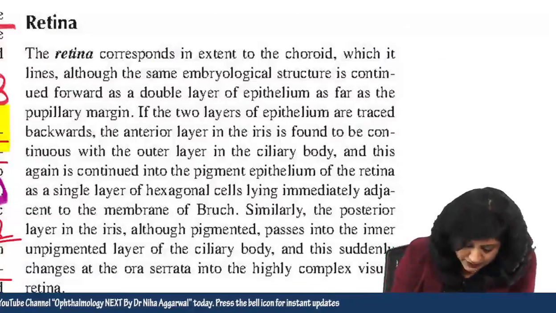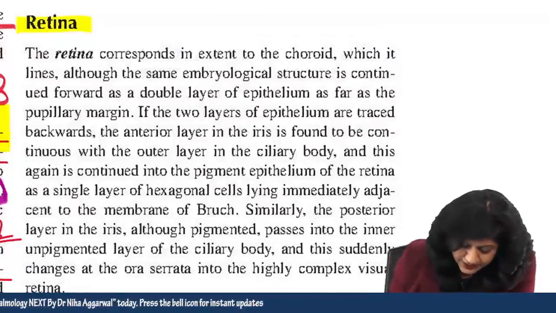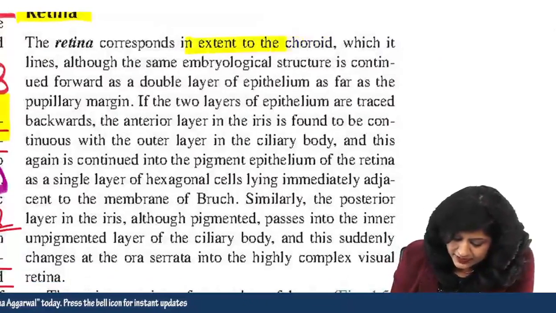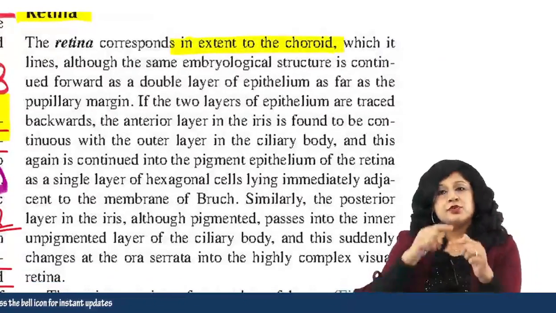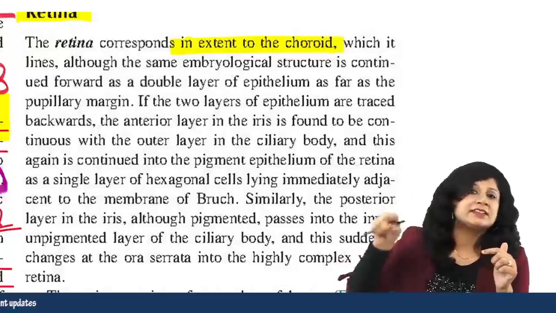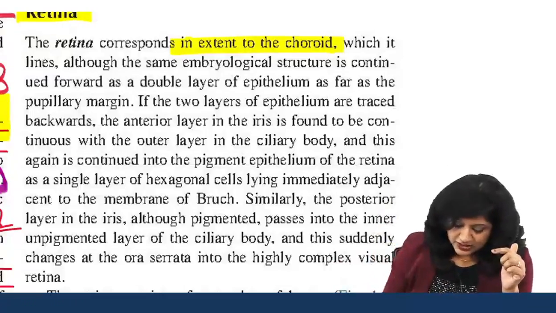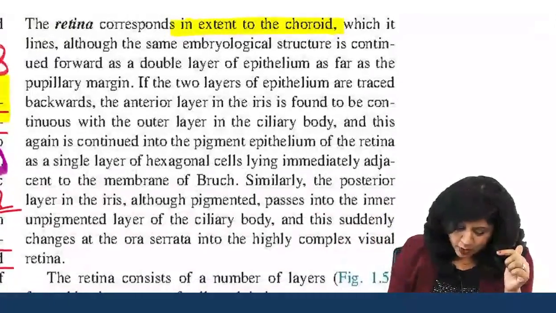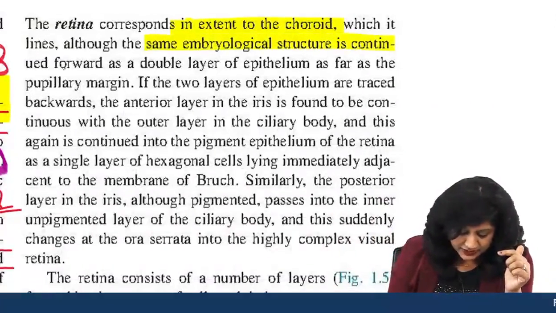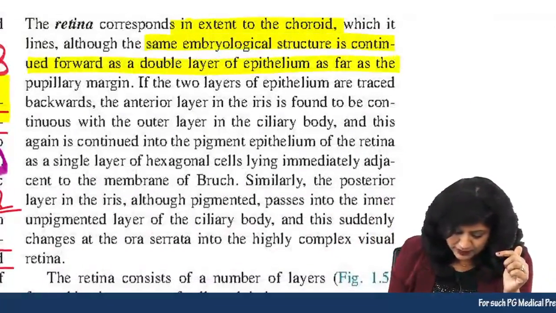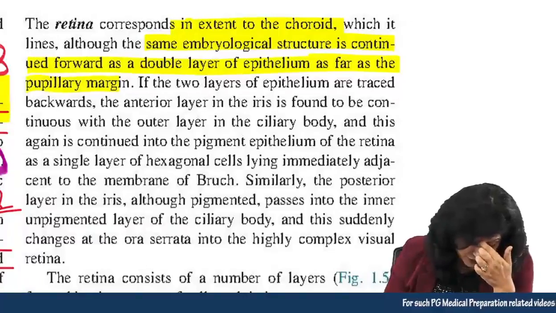Now we come to the retina. The retina corresponds in extent to the choroid. So the extent of the retina is the same as that of the choroid, which it lines, although the same embryological structure is continued forward as a double layer of epithelium as far as the pupillary margin.